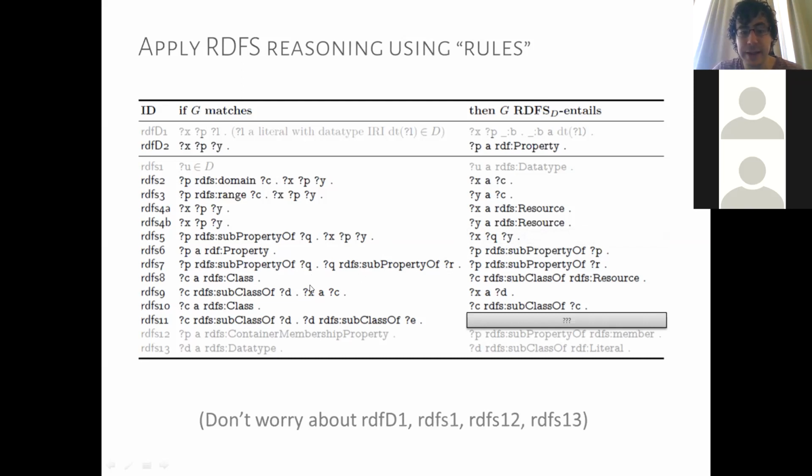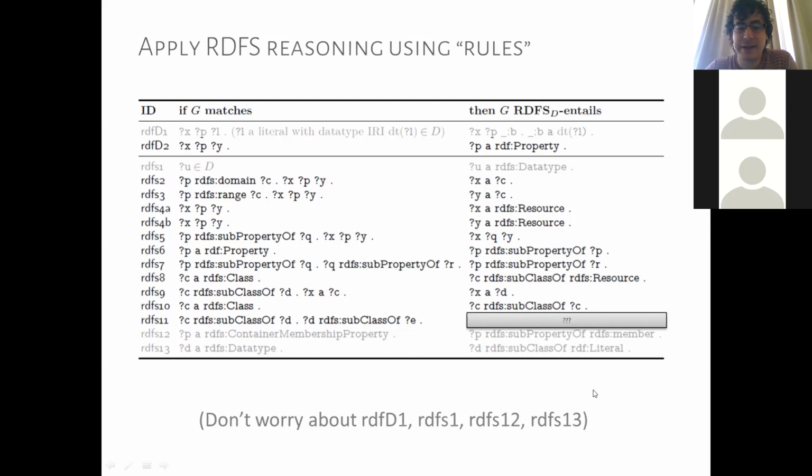So we have C, a class. Every class is a subclass of resource, okay? C subclass of D, x is of type C, therefore x is of type D. Every class is a subclass of itself. So C subclass of D, D subclass of E, what would we expect here?